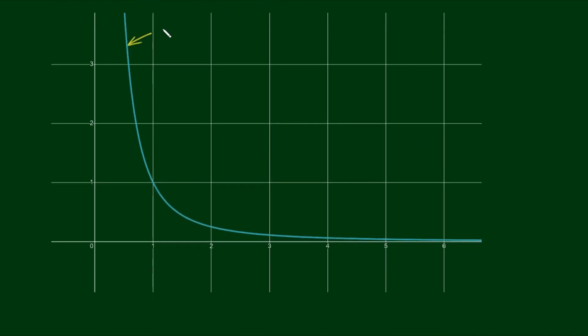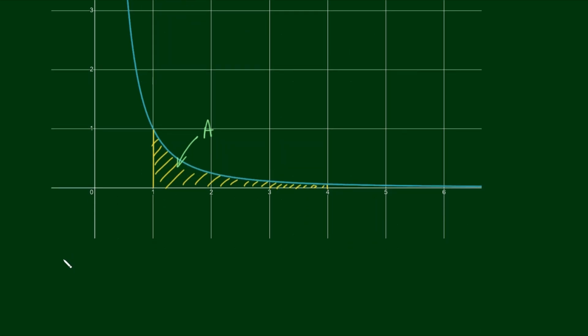So here's a plot of f of x equals 1 over x squared. Let's consider the area between x equals 1 to x equals 4, the area under the curve. We'll call this A for area. And we know from calculus we can find the area by integrating from x equals 1 to x equals 4 of 1 on x squared with respect to x.